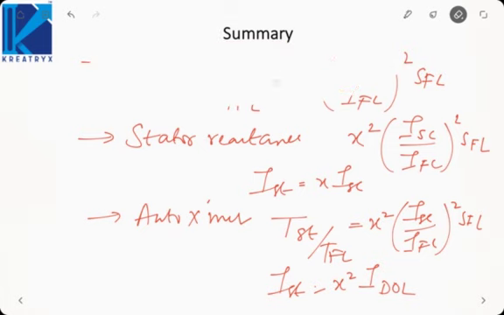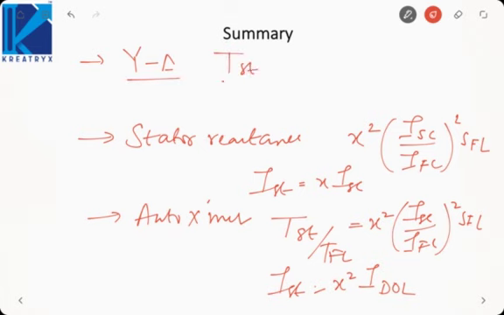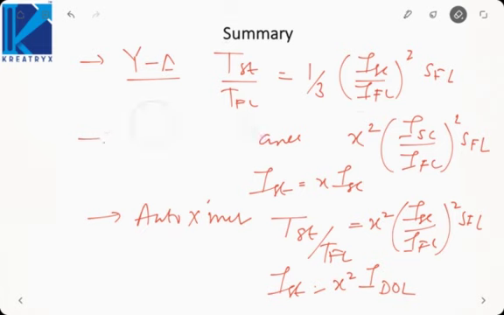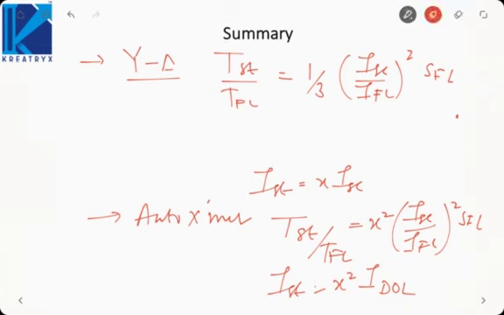And the last we saw star delta starter. Here starting torque by full load torque became 1 by 3 ISC by I full load square S full load, and here I star by I delta became 1 by 3.